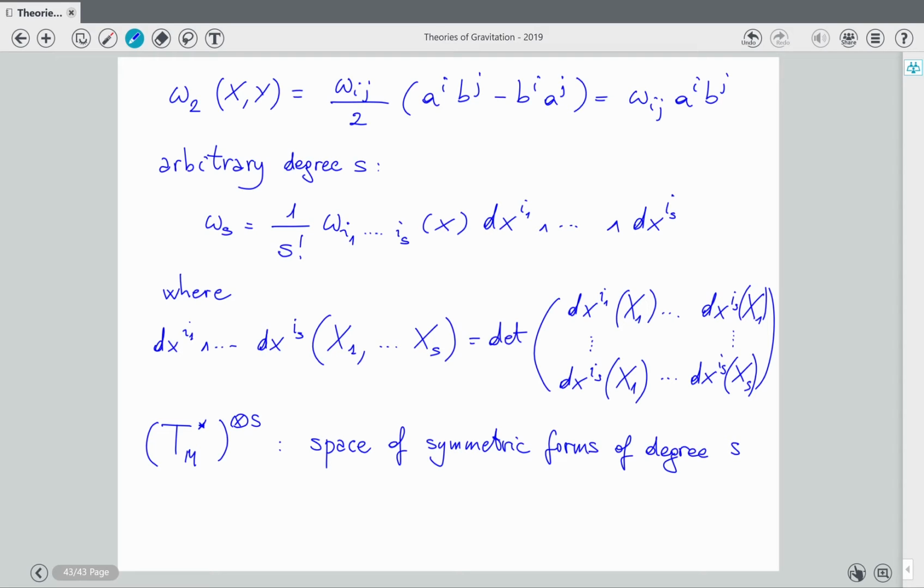Well, locally, very similarly, you have omega S equal to, let me specify, this object is completely anti-symmetric.